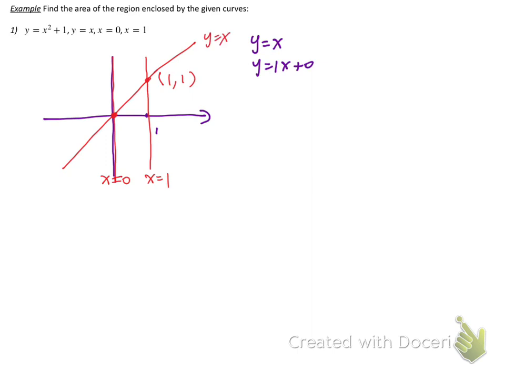Finally, y equals x squared plus 1. This is a parabola. When x equals 0, y equals 1. So it's here, and then the parabola opens upward.